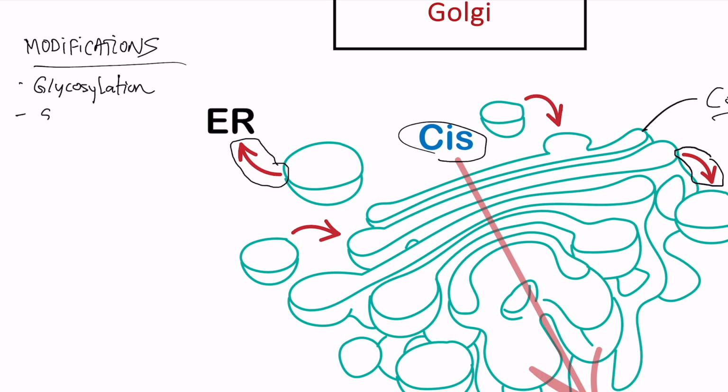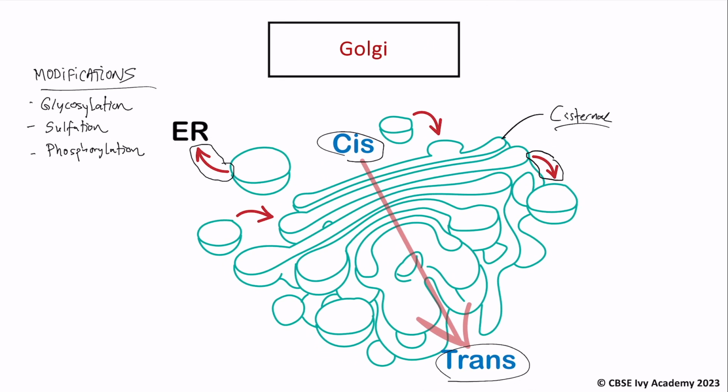It can also do something called sulfation. That's when a sulfur can be added to the protein. And the last is phosphorylation. And that's when a phosphate group can be added to the protein. So those are three methods of modification that the Golgi can undergo on proteins.